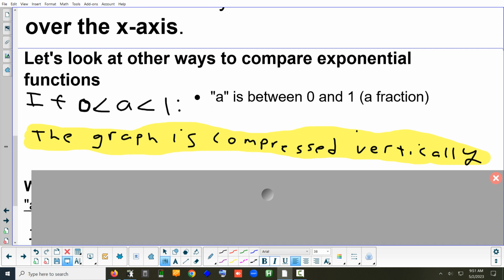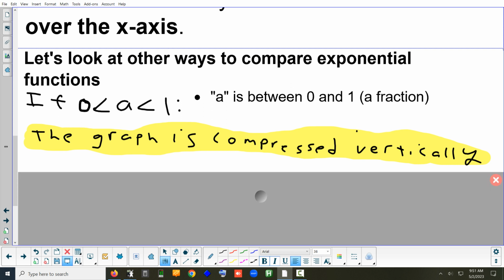Now, to make it a little bit easier, we're still going to write the answer the same way.